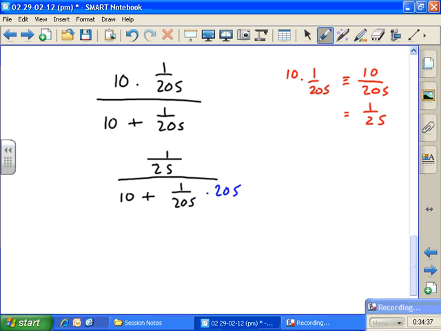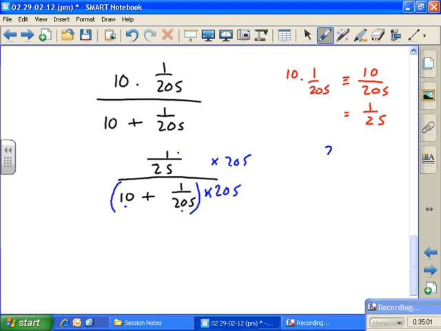If I'm multiplying the bottom by 20s, that means all these three terms need to be multiplied by 20s.